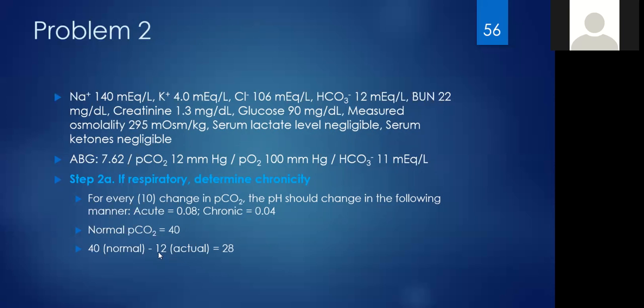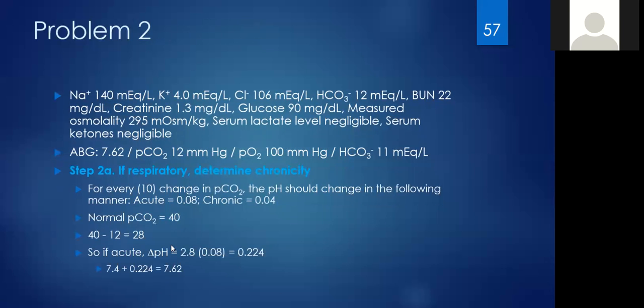Ours in this case is 12. So 40 minus 12 gives us 28. But we've got to divide it by 10 because it says for every 10 points of change in our PCO2. So we take 28 and divide it by 10 to give us 2.8.